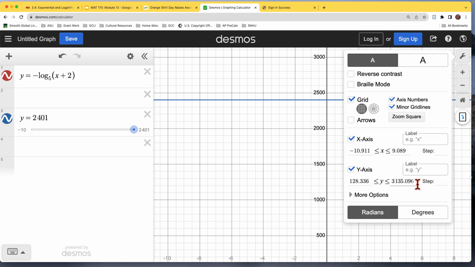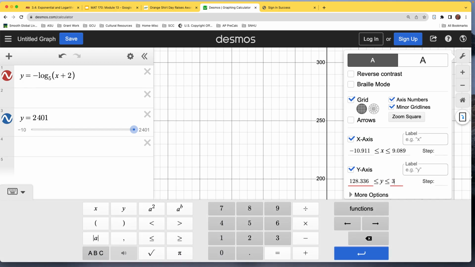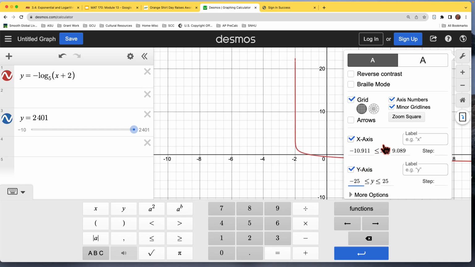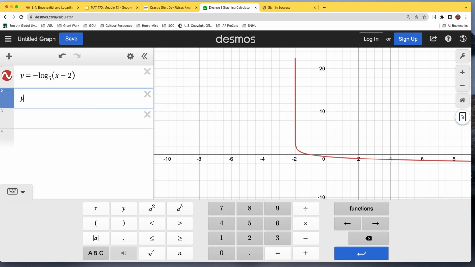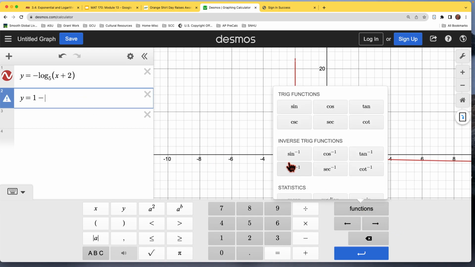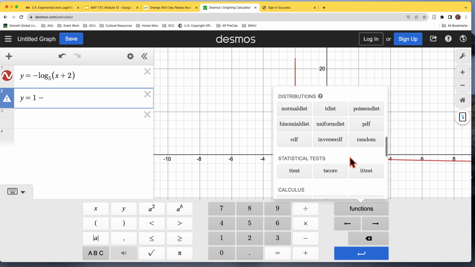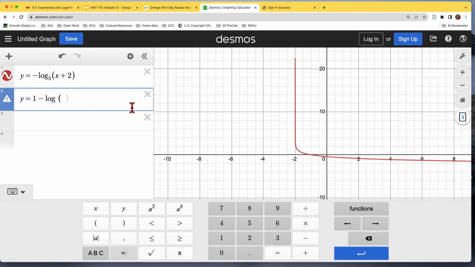We're zoomed way out, so let's adjust. Yeah, I think that works. So that's what that graph looks like. Get rid of that one. And then on the other side, we had y equals 1 minus log base 5, and that was x minus 6, right?